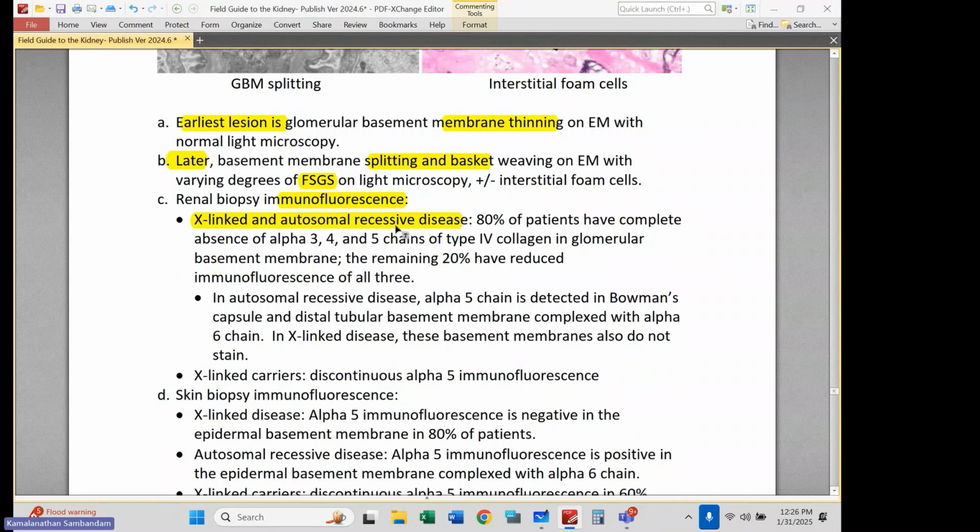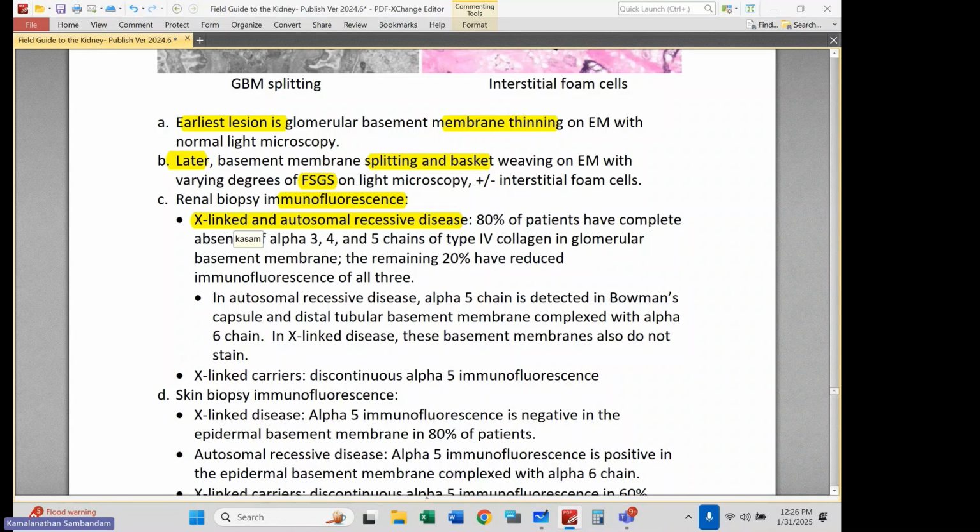That would be autosomal recessive disease, not an autosomal recessive carrier, right? So if I have X-linked disease, I'm a male, I have my one X chromosome carrying the abnormal alpha-5 mutation, that would be disease, right? I'm not a carrier.